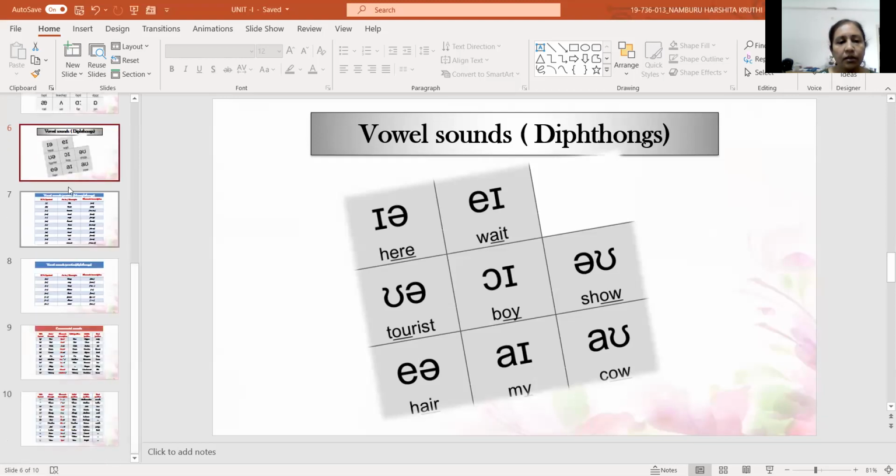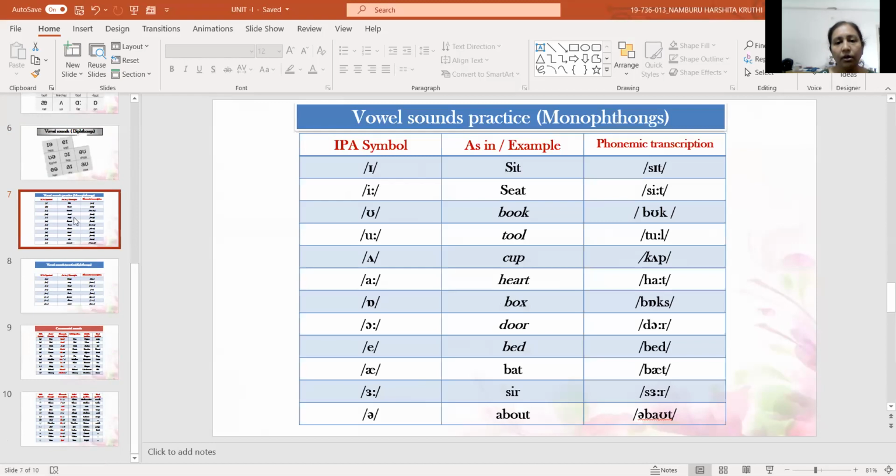So let us see a few transcriptions here. We have symbolic IPA, as I already said, the International Phonetic Alphabet. These are the IPA symbols. Just as we have standard symbols like dollar, pound, or rupee, we also have IPA symbols for standard pronunciations.